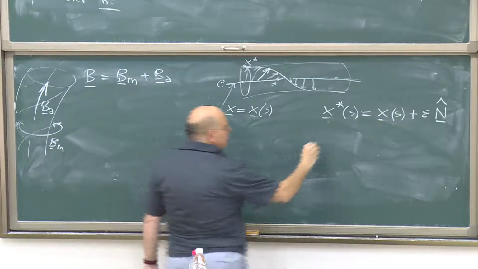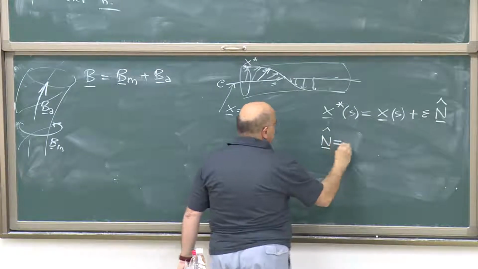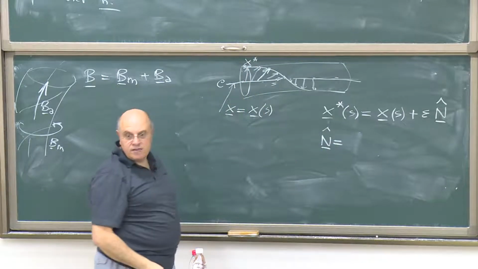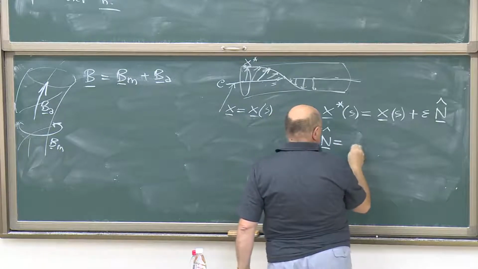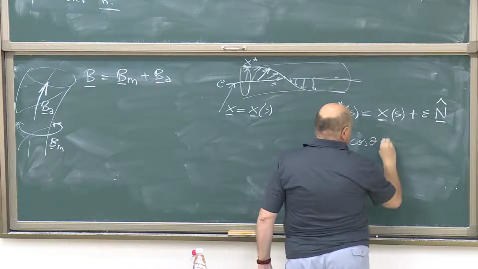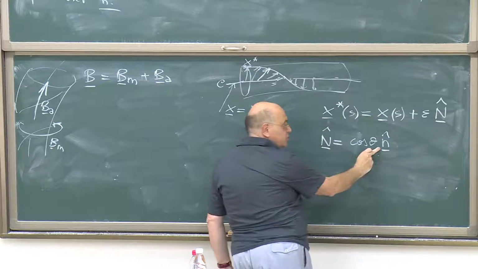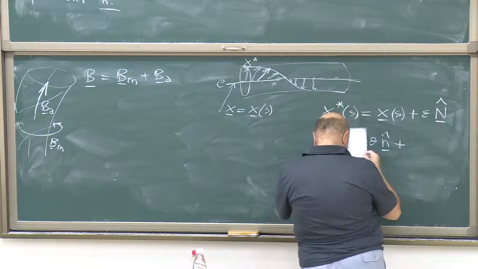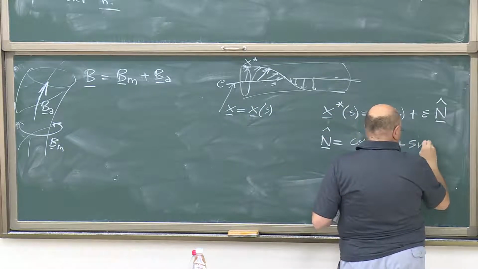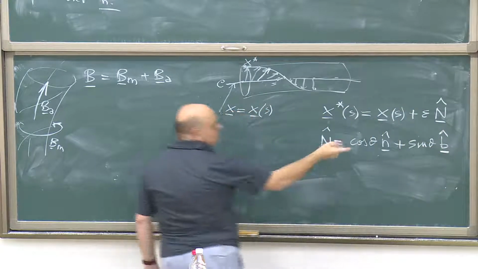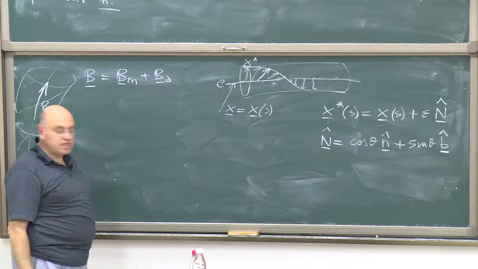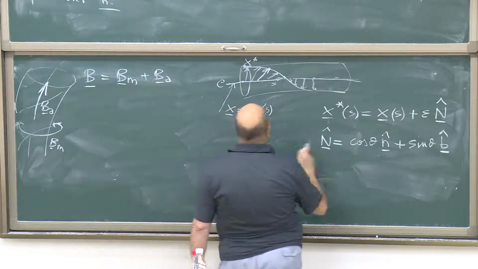You put the cylindrical polar coordinates there, and you can define n as cos theta times the unit normal of Frenet plus sin theta times the binormal of Frenet, and there are many ways to construct this unit vector.